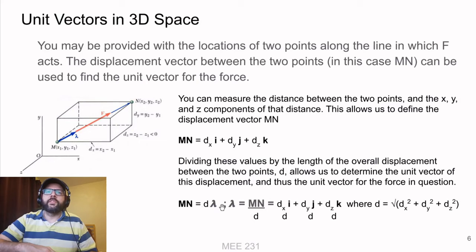So basically our unit vector just ends up being the displacement in x over the total distance between these 2 points times i, displacement in y over the total distance times j, displacement in z over the distance between those 2 points times k, all over d.